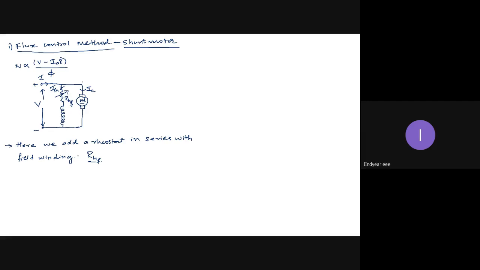So from the governing equation, I can say that for the flux control method, we first add a rheostat in series with the field winding. Second, the applied voltage is constant, and the resistance in the armature circuit is constant.